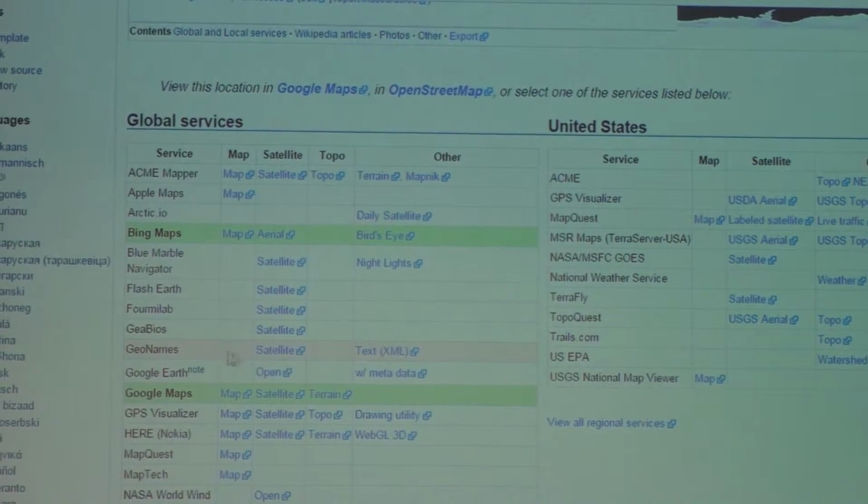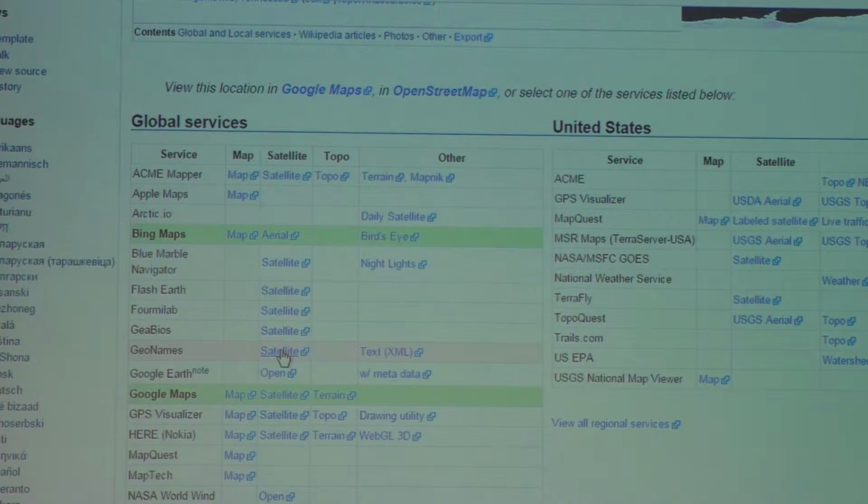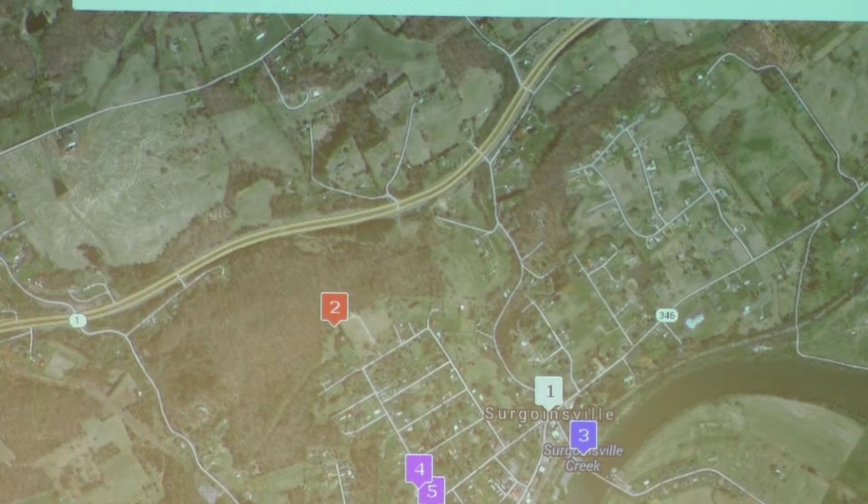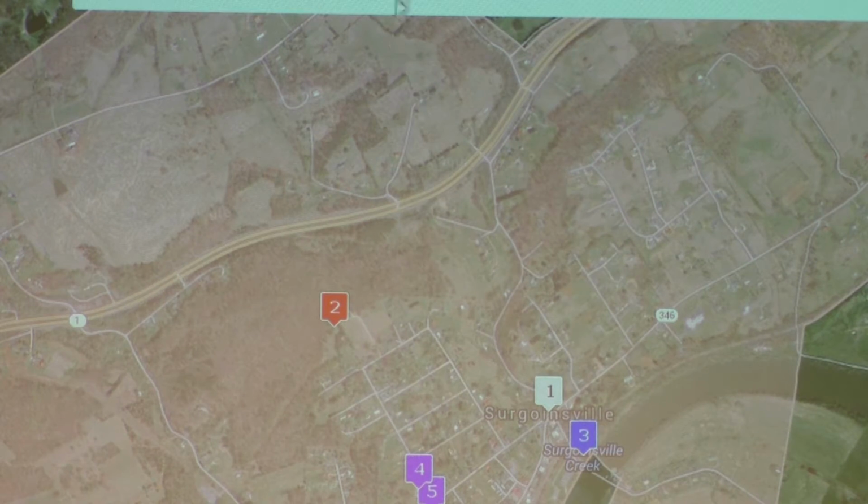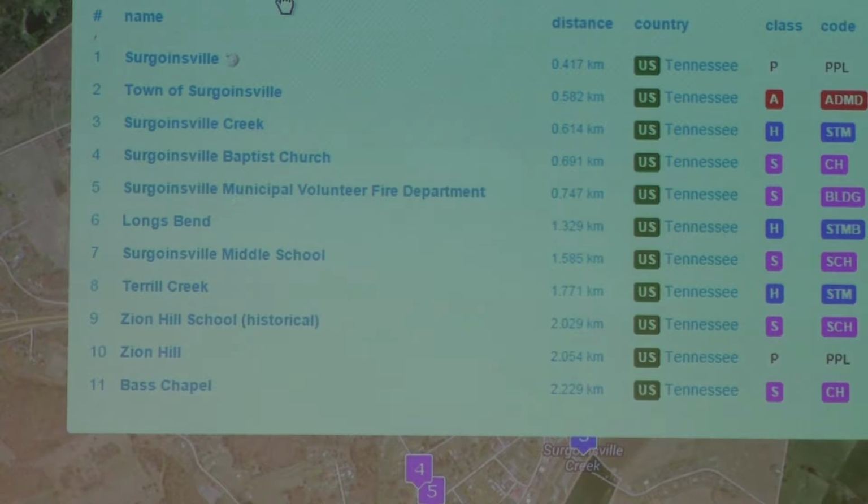And one of the ones that's the most useful is this GeoNames database. There are many here. You look at a lot of different ones, but this is the one that's good to show. What this will do is it will show us a satellite view of the town with a bunch of markers on it, and those markers are then listed in what they are.